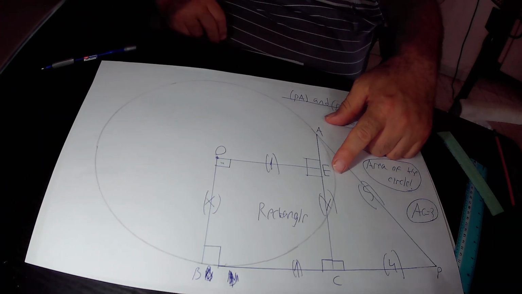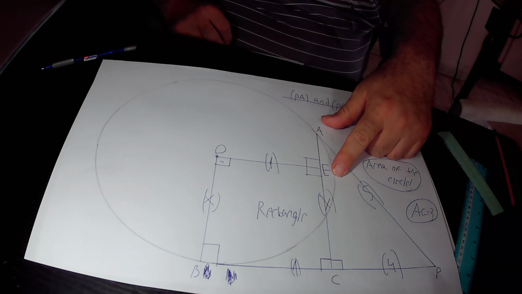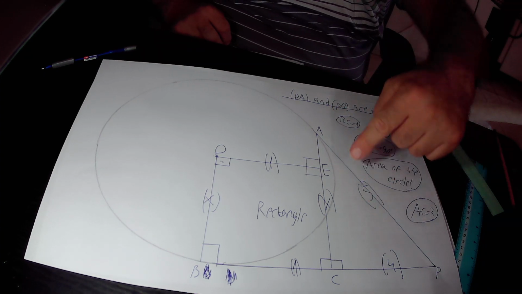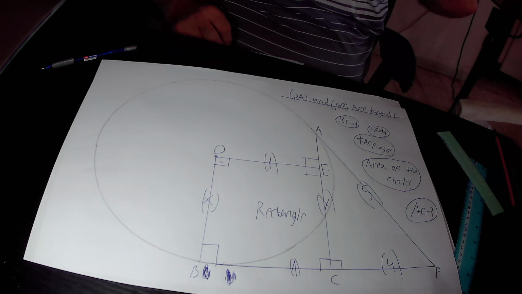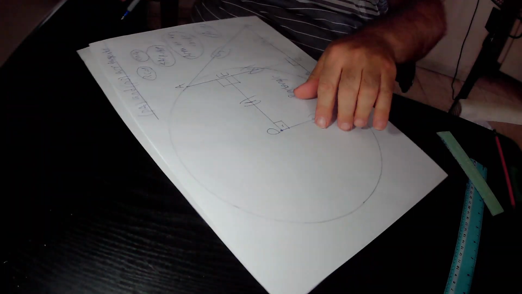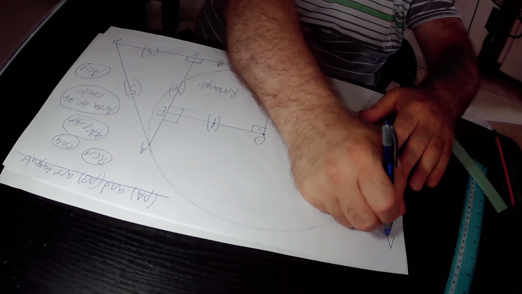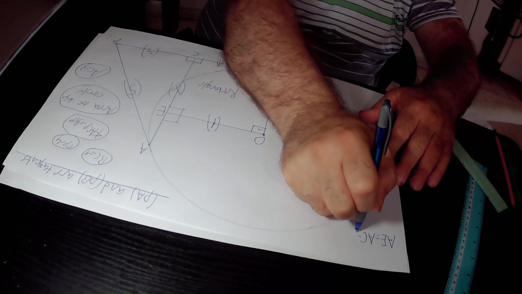What is the length of this line segment AE? From the drawing, it is very easy to see that AE equals AC minus EC. Again, AE equals AC minus EC. So write it down. AE equals AC minus EC.